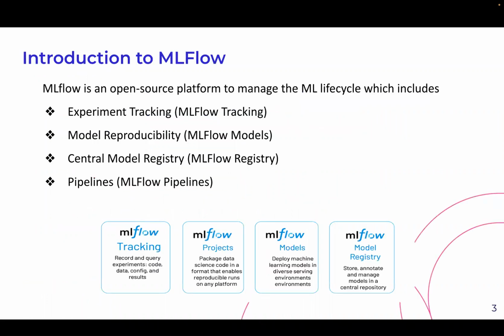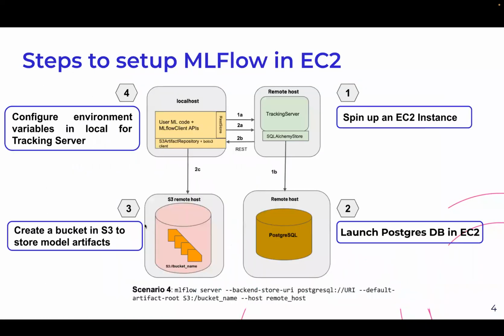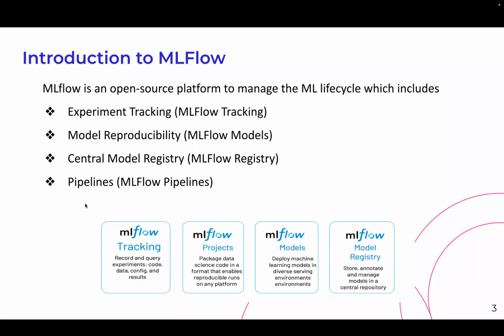Yeah, this slide, I guess most of you would be aware of: experiment tracking, model reproducibility, central model registry, and pipelines. The first ones, shown in the diagram below, have been there for a long time. But the additional thing that was added very recently, maybe a month ago, was the pipelines.